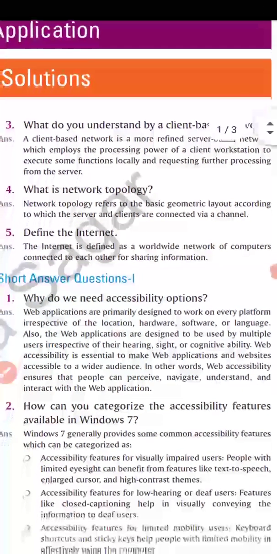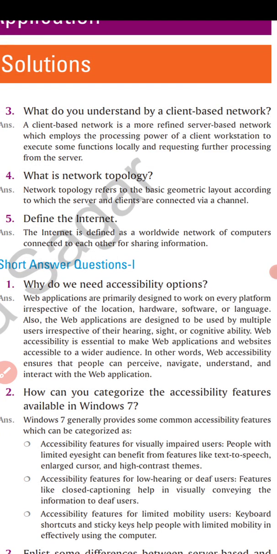Next is: define the internet. Dear students, many times you find this question asked by the public or friends or in class also. So you will answer what the internet is.